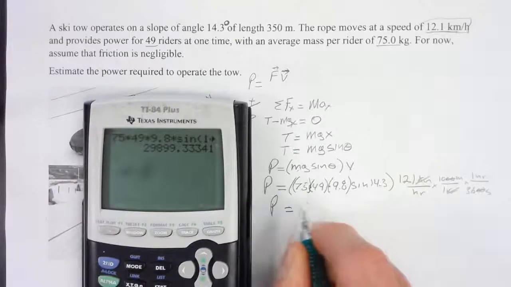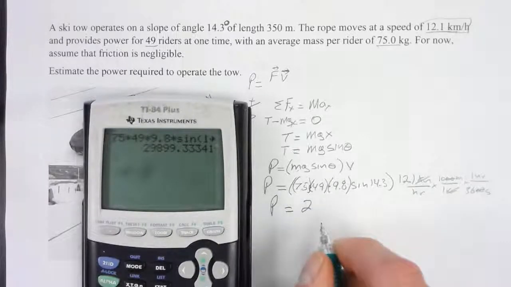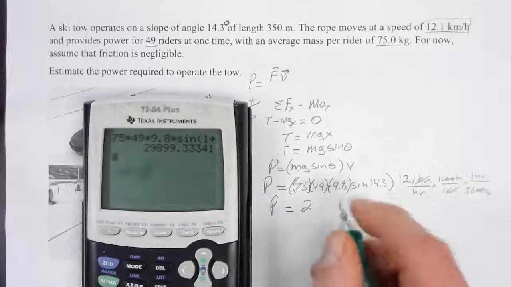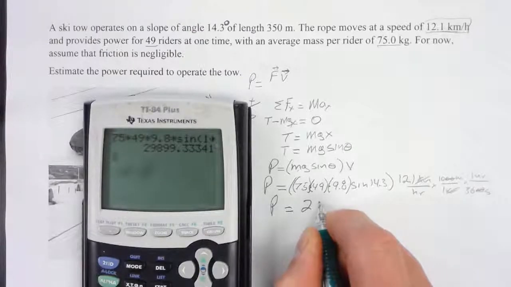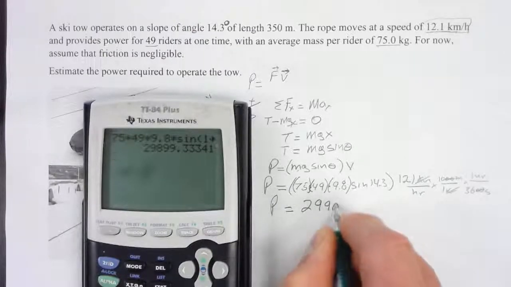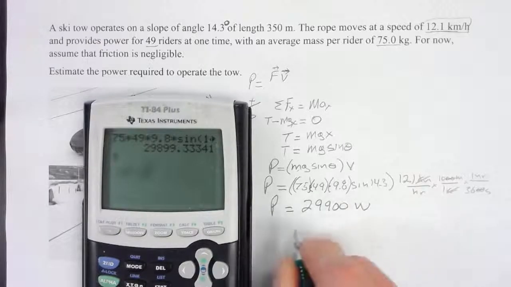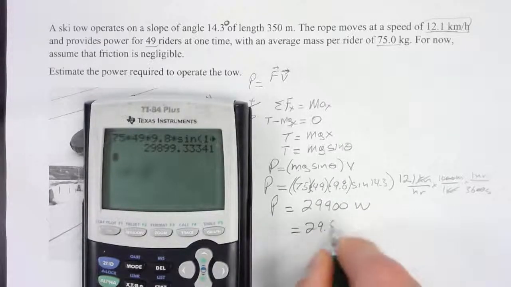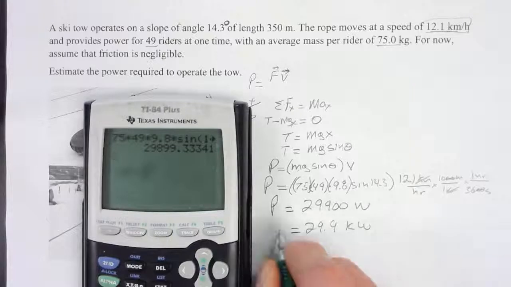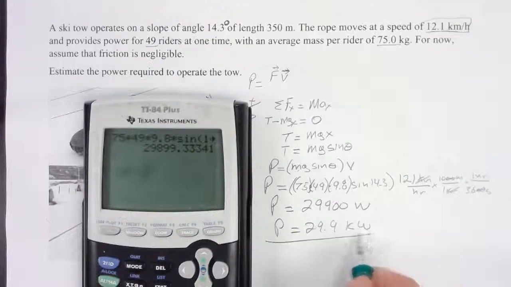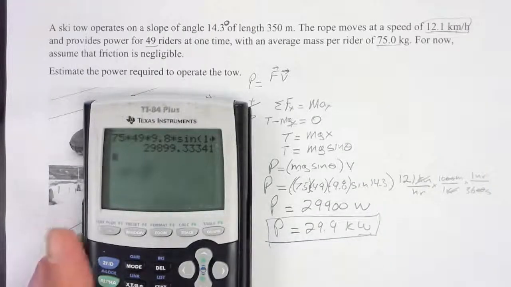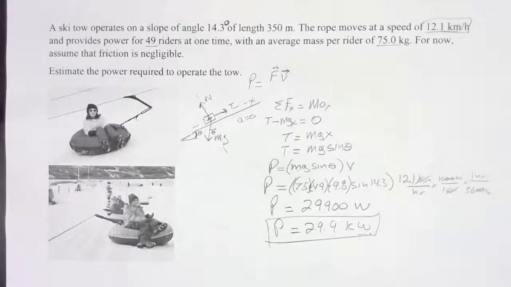So that power is 29,000. What do I have? 2 significant digits. If I go to 3, 29,900 watts, which would be 29.9 kilowatts. And done. There we go.